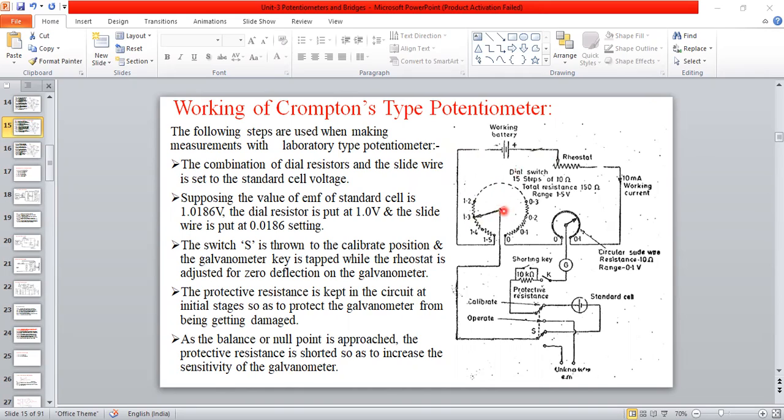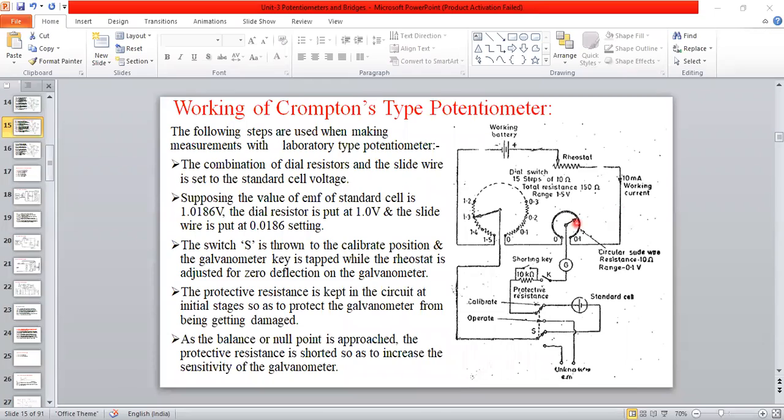Each dial has 10 ohm resistance. So the total resistance of the dial is 10 into 15, which is 150 ohm. And here we are going to use the slide wire, depending on the number of positions or steps we consider.